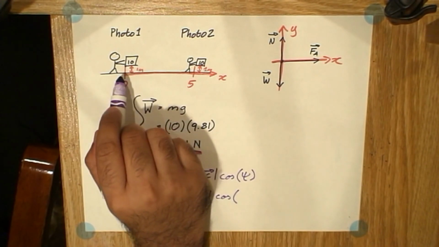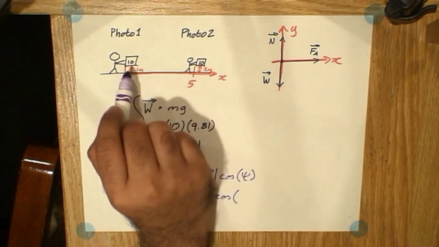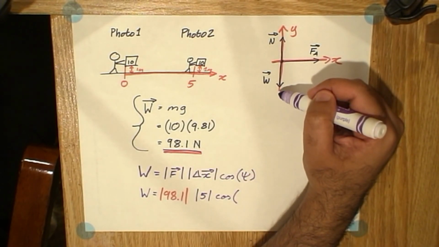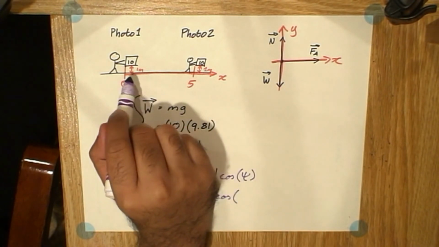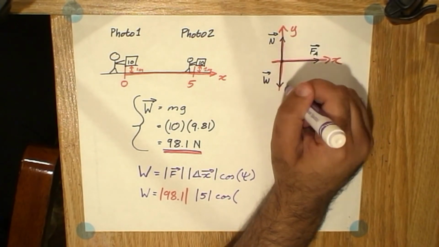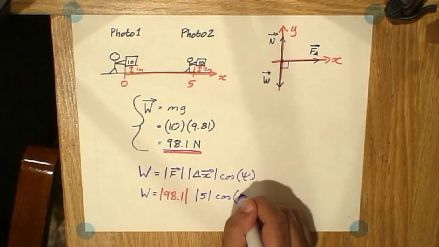So the displacement of the object is 5 meters in the x direction, but the weight force is pointed in the negative y direction. So the angle between the displacement, which is x, and the weight force, which is y, is 90 degrees.